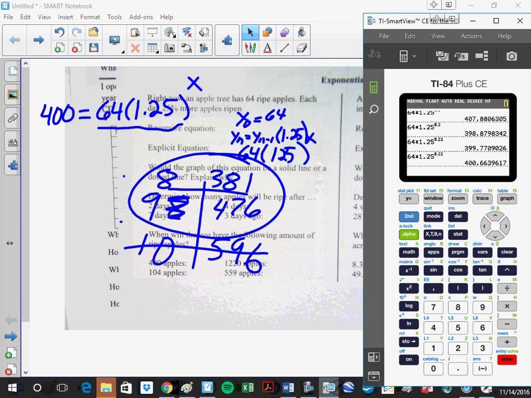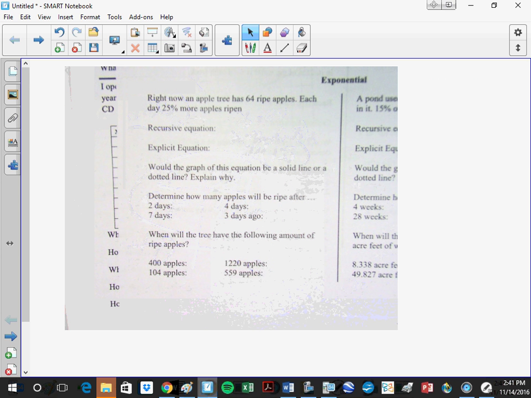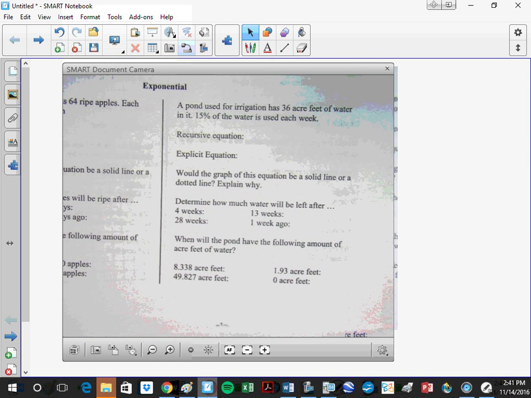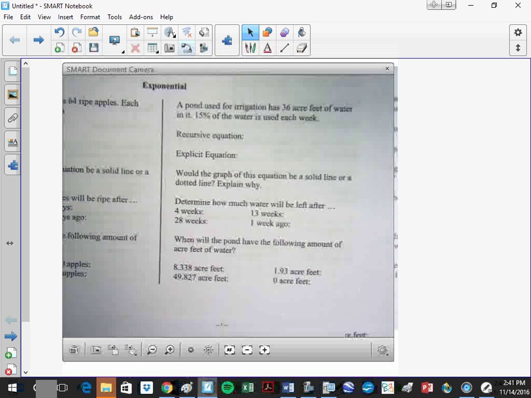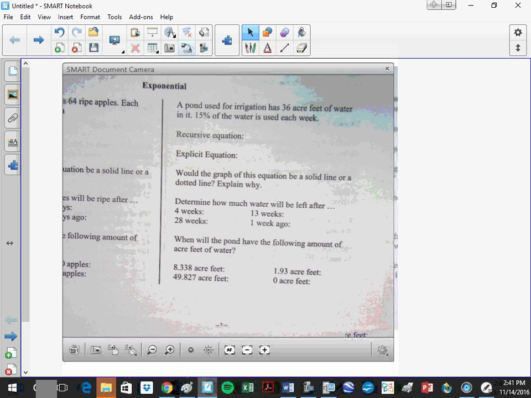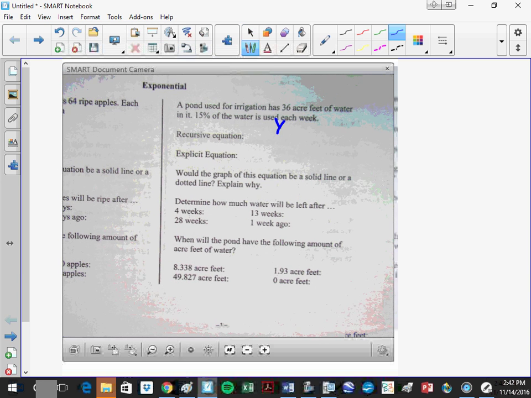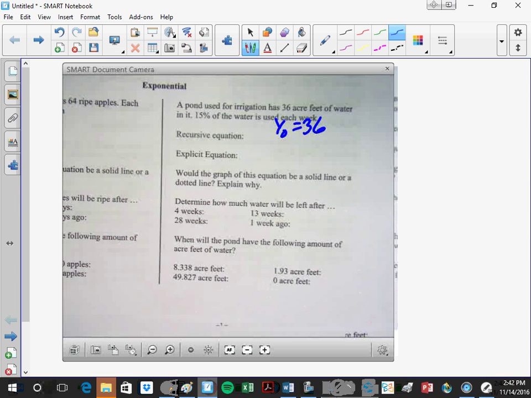Okay. Looking at the next set. We have a pond used for irrigation that has 36 acre-feet of water. 15% of the water is used each week. So y sub 0 equals 36 acre-feet.